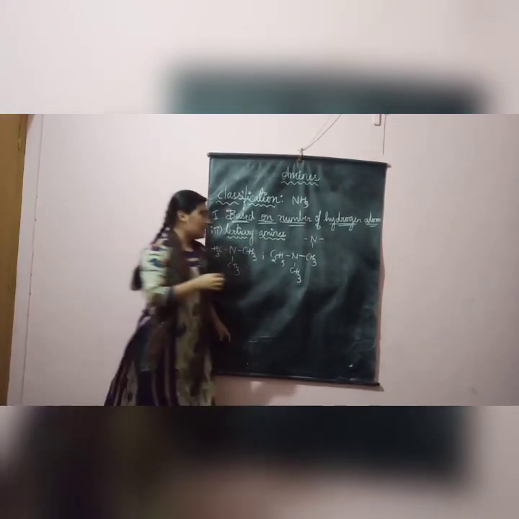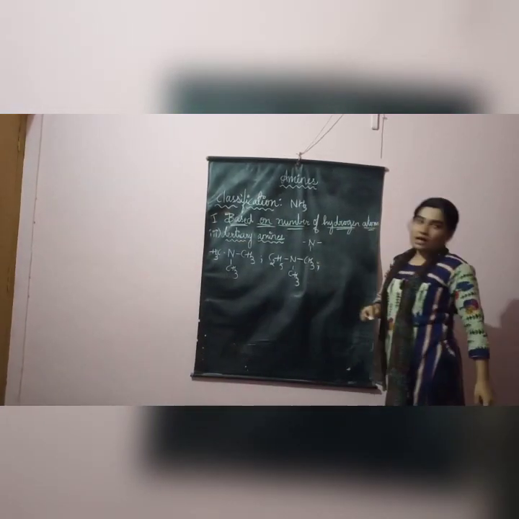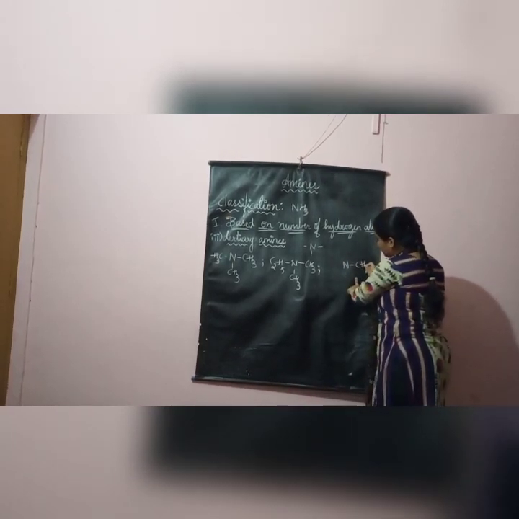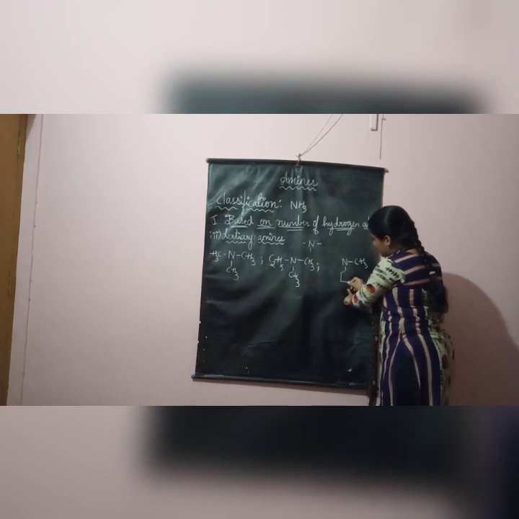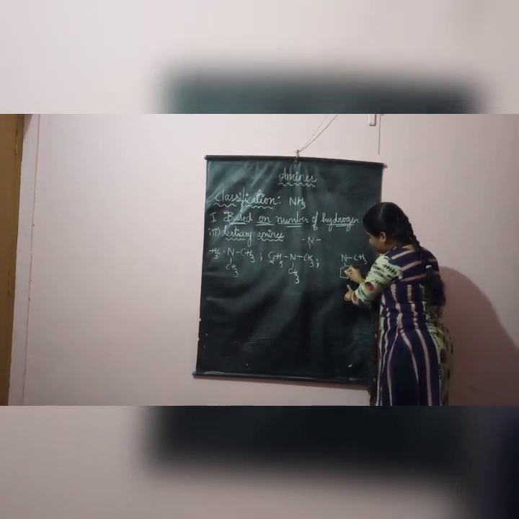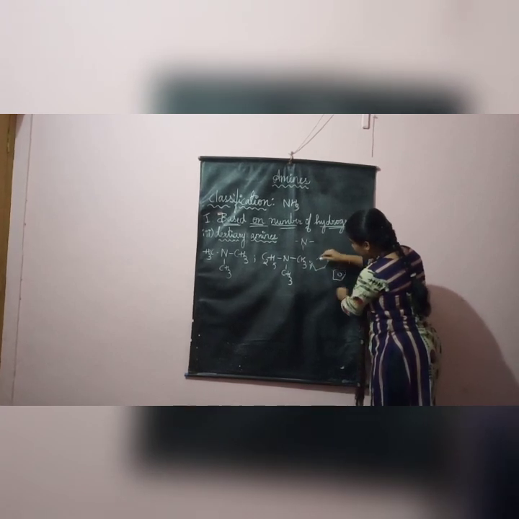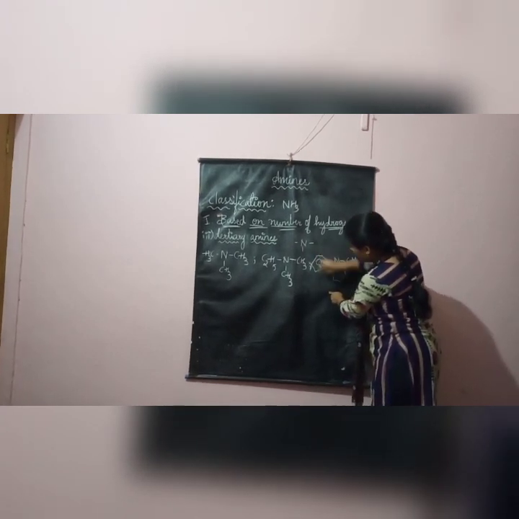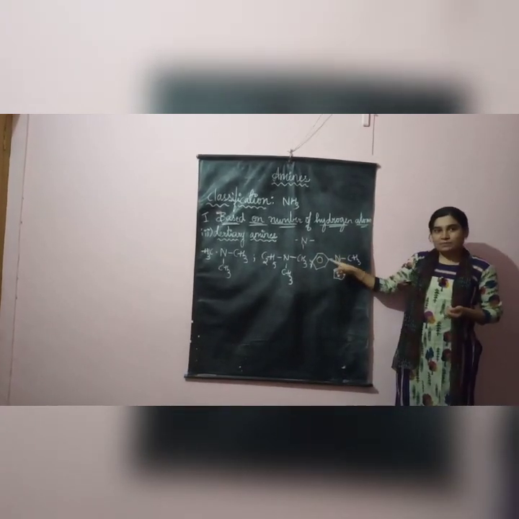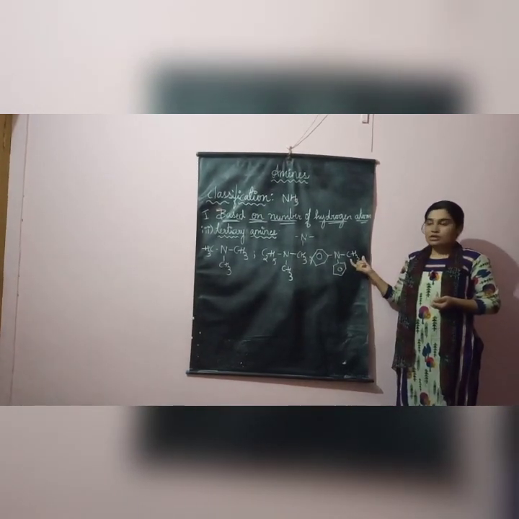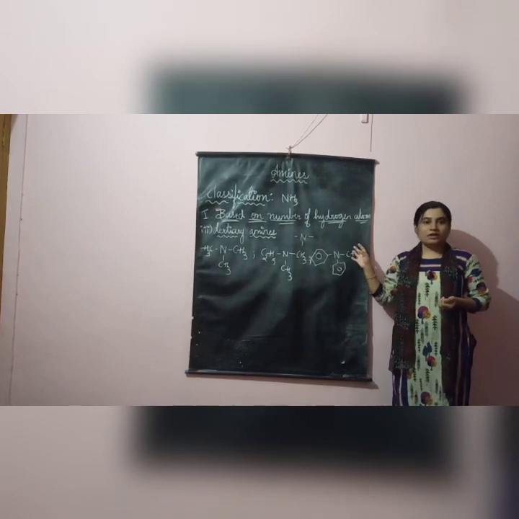Tertiary amine. Let me also show you with aryl group. So I take N. One side let me write CH3. Another side let me write the benzene ring. Or I can also do it in this manner. These two empty spaces can also be filled by benzene rings and one methyl group. So these all are examples for tertiary amine.